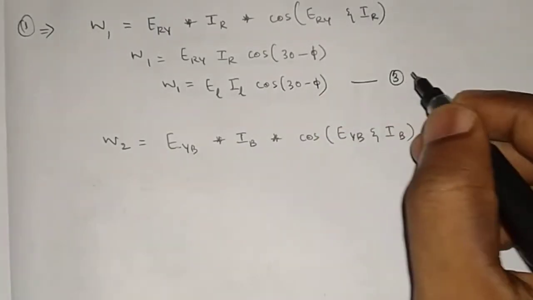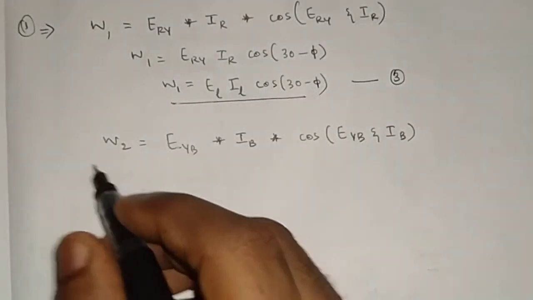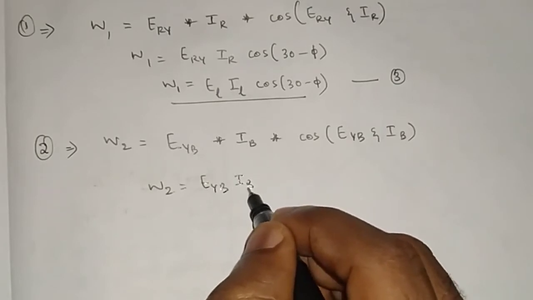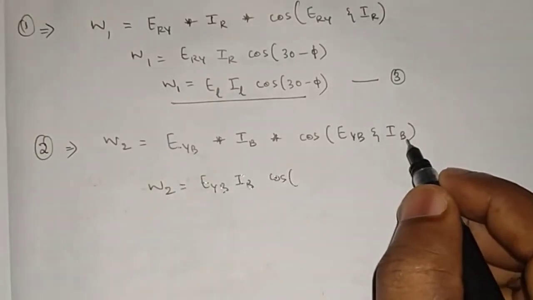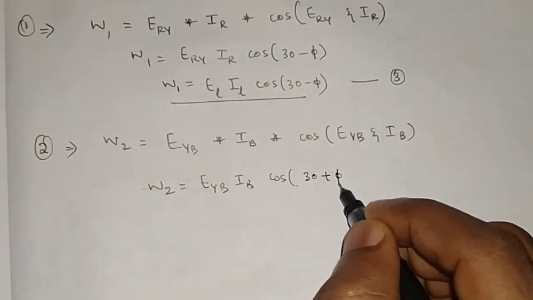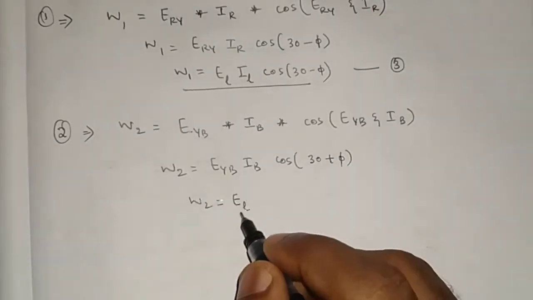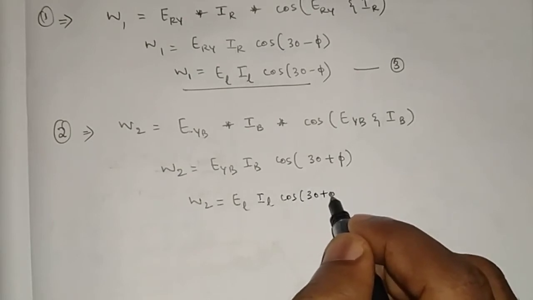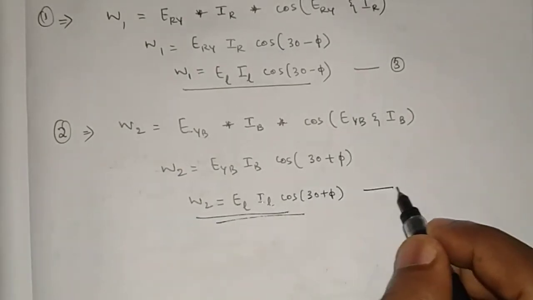I take it as equation number 3. In the same way, for the second equation, substitute the angle and simplify. W2 is equal to EYB into IB into cos of the angle between EYB and IB, which we have found as 30 plus phi. So W2 is equal to EL IL cos of 30 plus phi, since EYB is line voltage and IB is line current. Just substitute and take it as equation number 4.